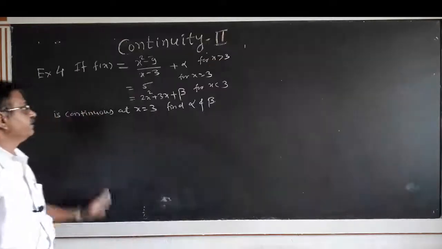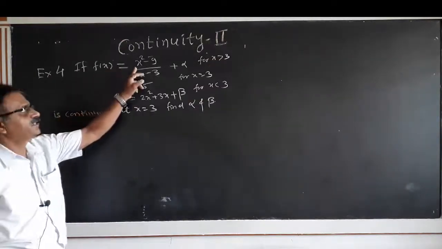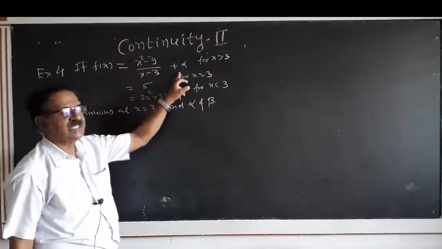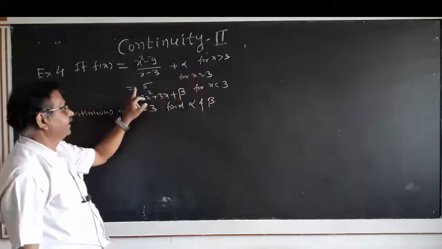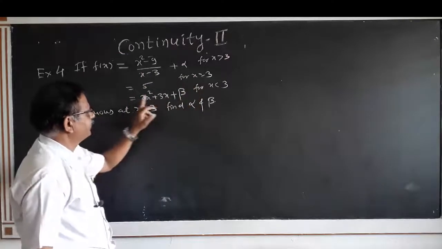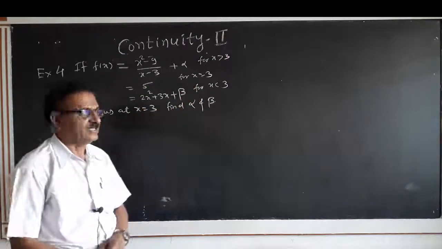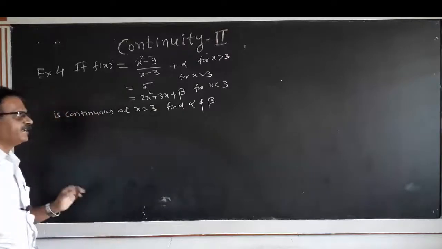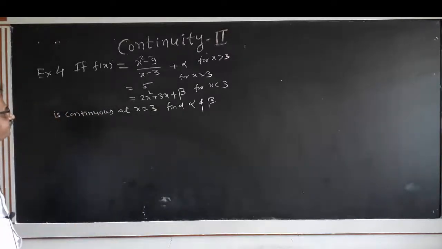Our fourth problem is, if f(x) equal to (x square minus 9) divided by (x minus 3) plus alpha for x greater than 3, equal to 5 for x equal to 3, equal to 2x square plus 3x plus beta for x less than 3, continuous at x equal to 3, find alpha and beta.